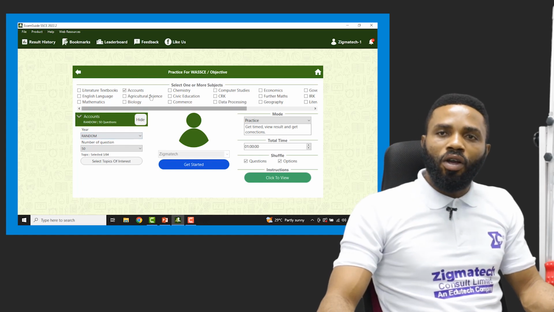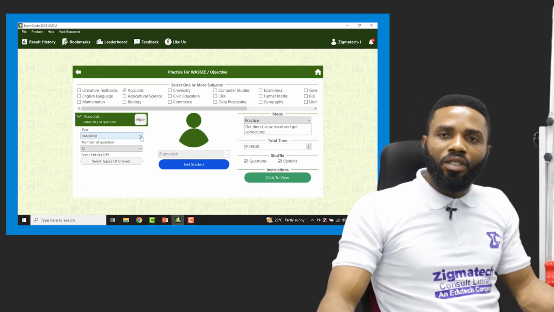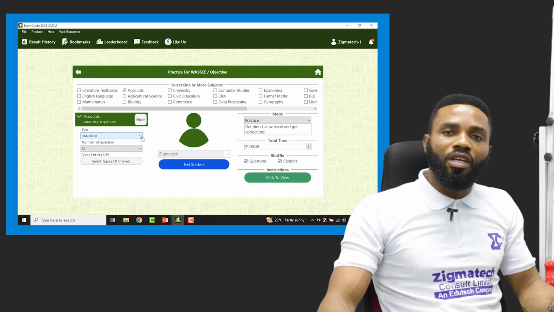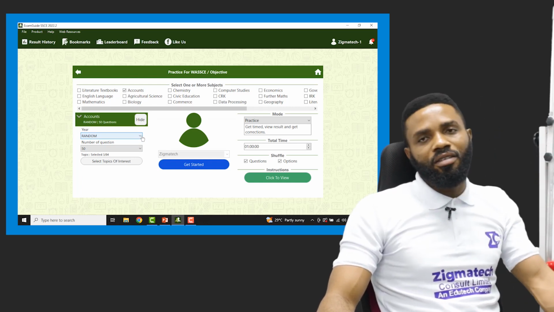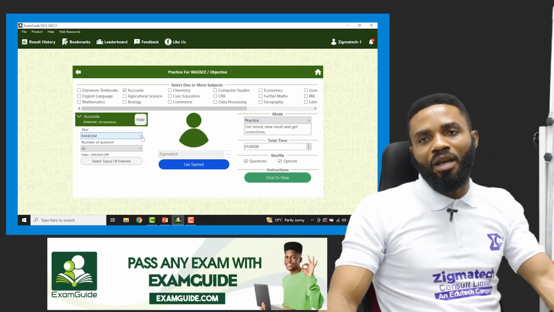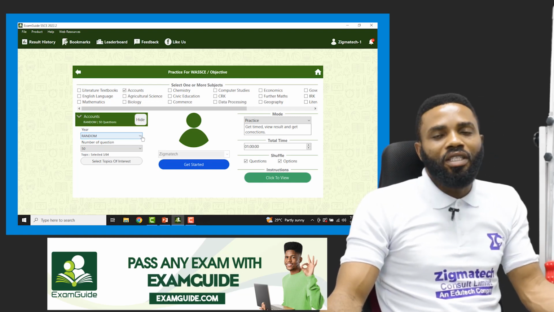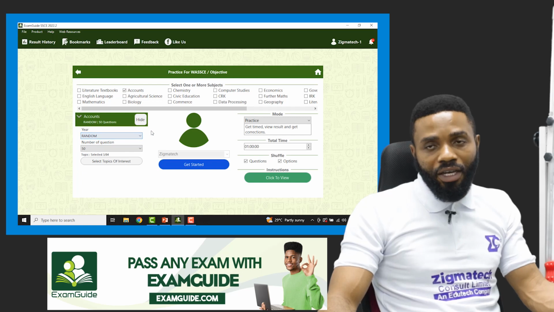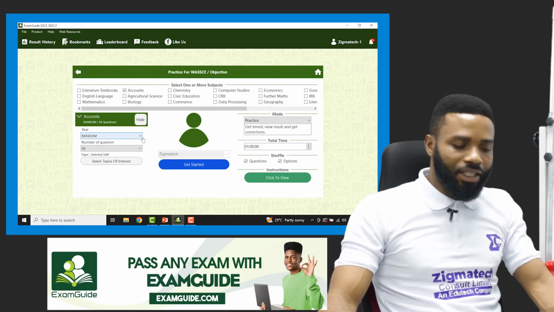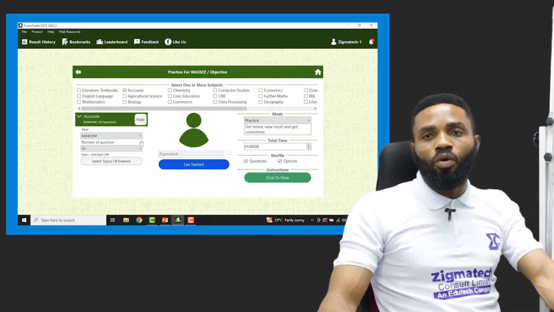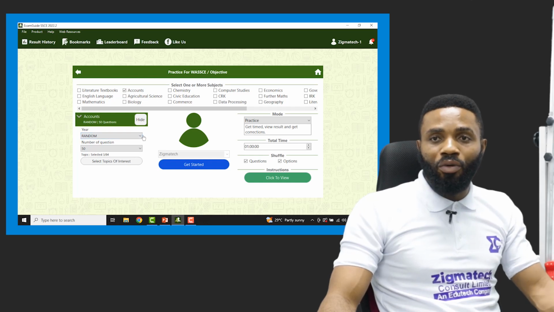Now, when you click on account, you come down to the year. If you click on year, it will give you different years. Your area of interest might be in a particular year. You can choose 2021, 2019, depending on your area of interest. But for the sake of this lesson, we are going to click on random.